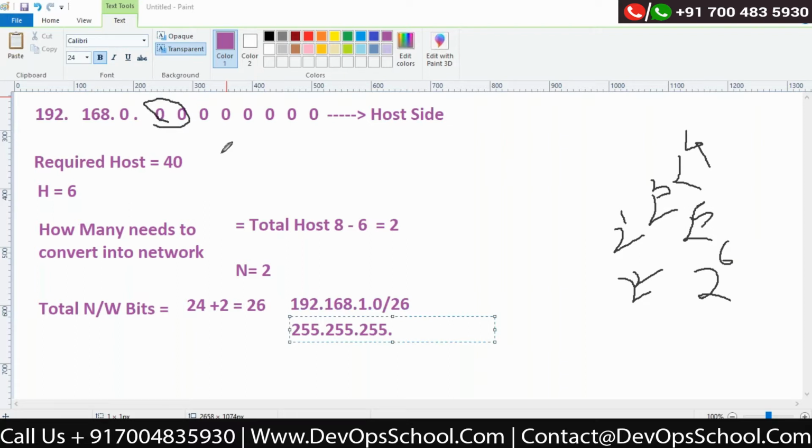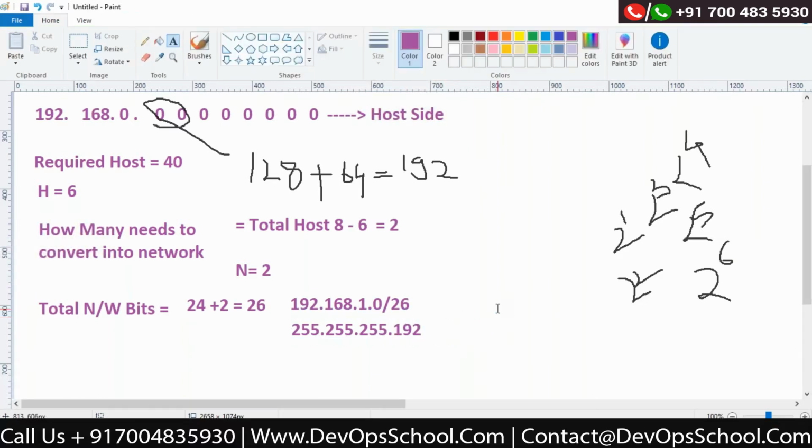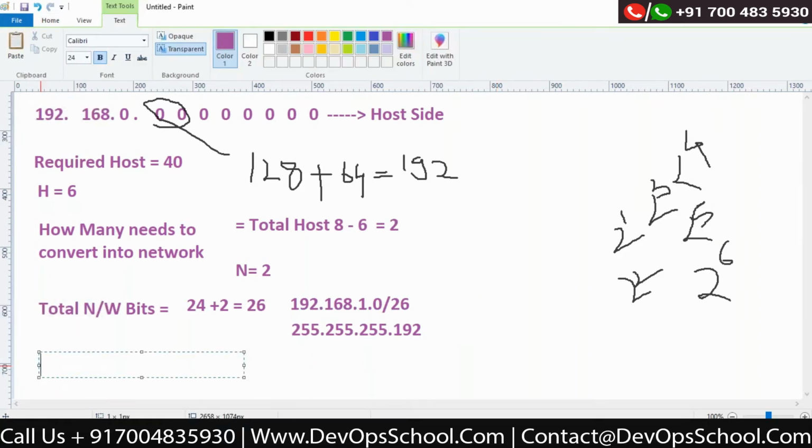So this is nothing but 2 raised to 7, which is 128, plus your 64, correct. Total would be, I believe, 192 if I'm not wrong. So the subnet mask for this network would be 255.255.255.192.